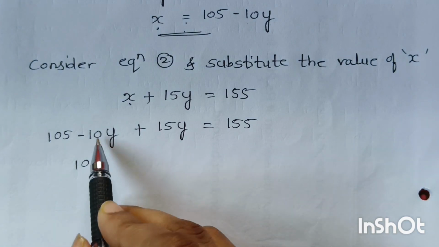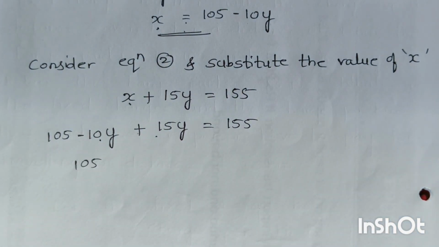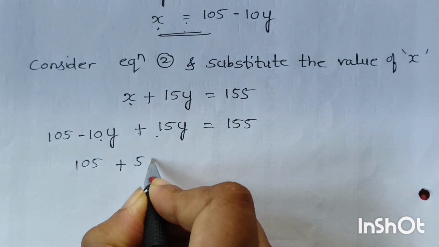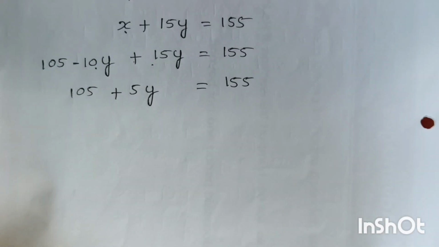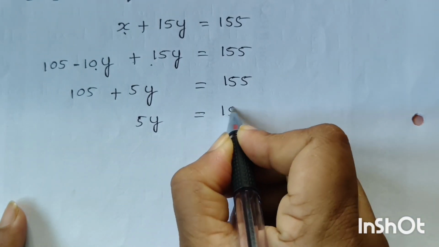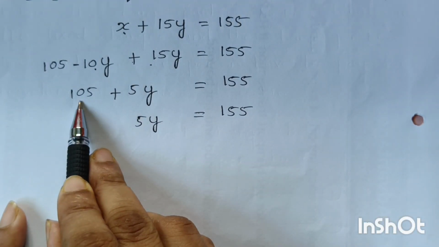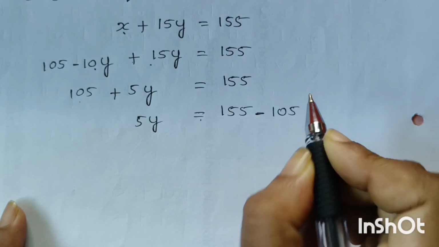105 minus 10y plus 15y. Minus plus means what we have to do? We have to subtract. That is minus 10 plus 15 is plus 5y is equal to 155. 5y is equal to 155 plus 105. When it will cross this equal to sign, it will become minus 105.